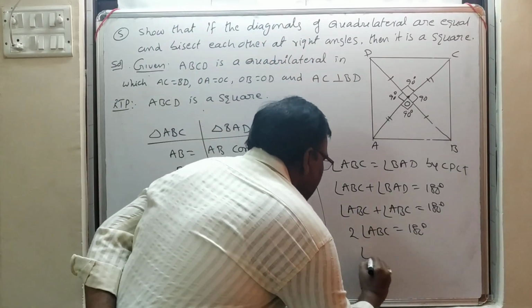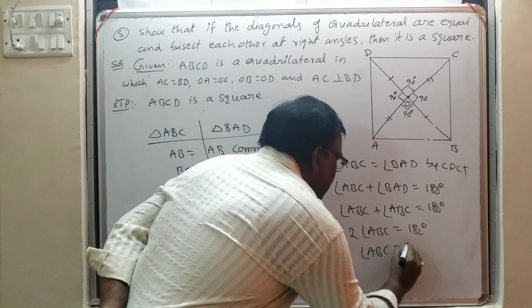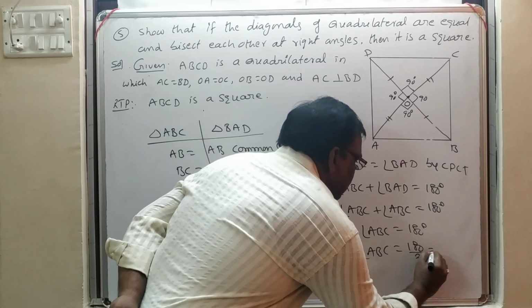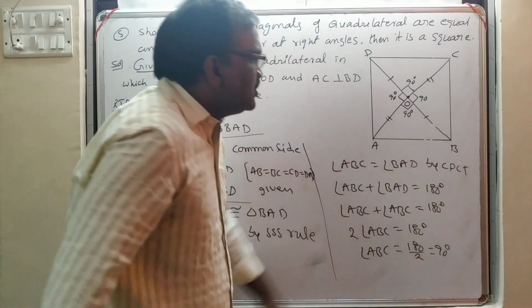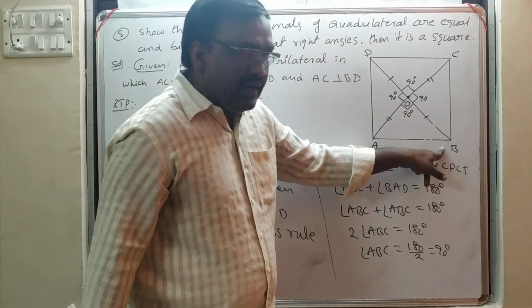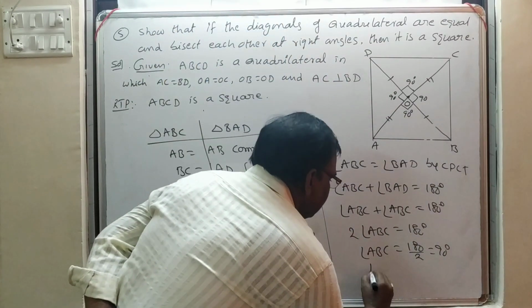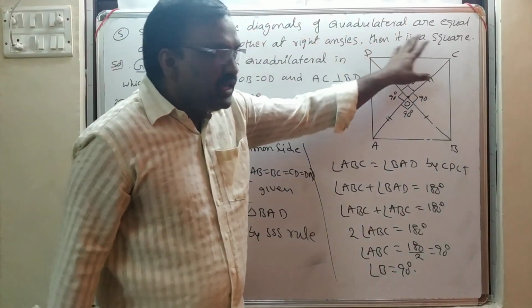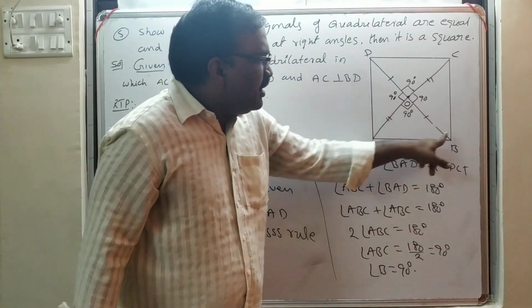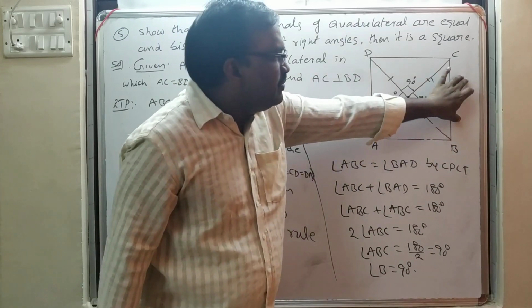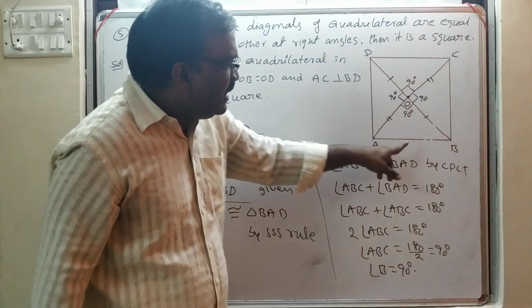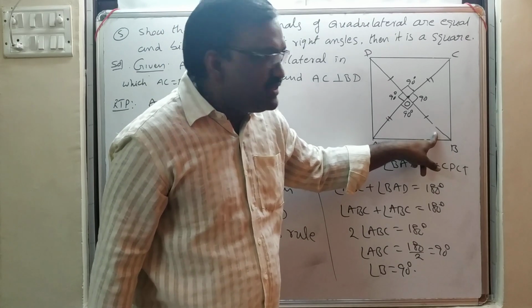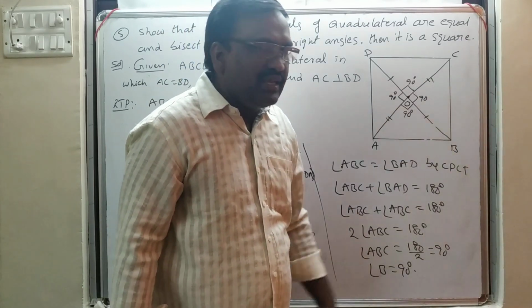From this, angle ABC equals 180 by 2, which is 90 degrees. So one of the angles is 90 degrees. Angle B is 90 degrees. So in quadrilateral ABCD, all sides are equal, AB is equal to BC is equal to CD is equal to DA, and one angle is 90 degrees. Therefore, ABCD is a square.